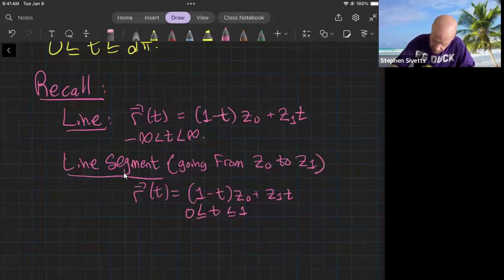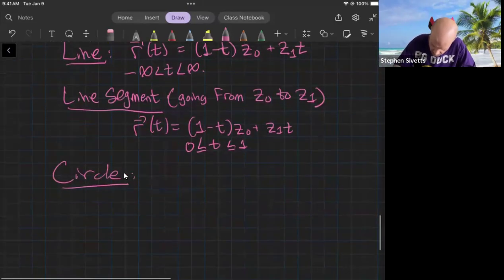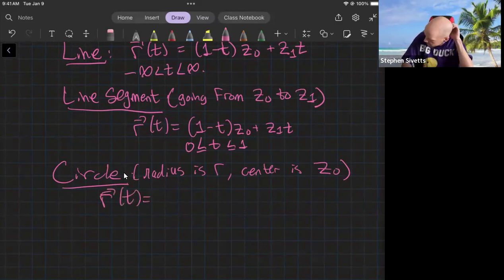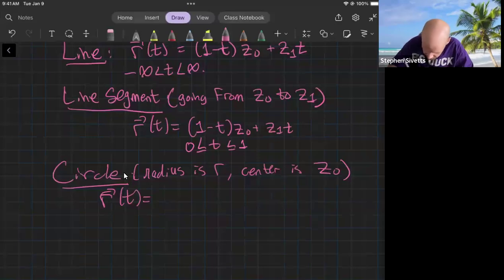It's the exact same equation as a line. For a circle, the radius is r and the center is at z0, where z0 is a complex number. I denote those as position vector functions, so r of t equals z0 plus r times e to the it.